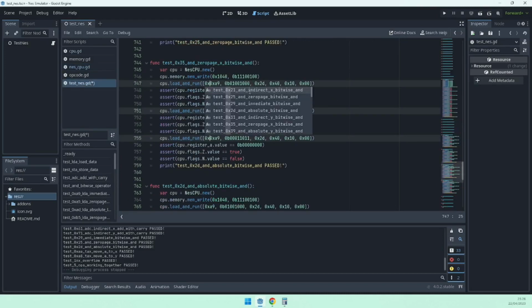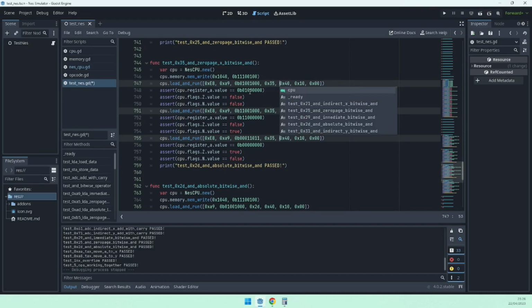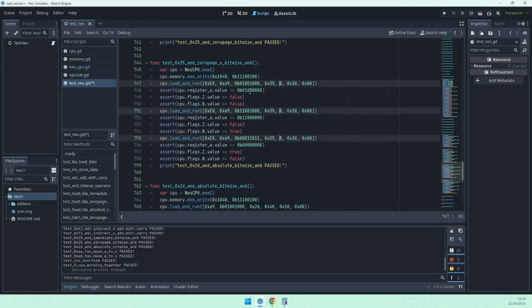So now X is a 1, and we can use the instruction 35, and its zero page should take only 1 byte, and we want to put 09 here, so we can use the address 10 here. So it will be 9 plus 1, 10, and it will read this boolean. Let's give it a shot.